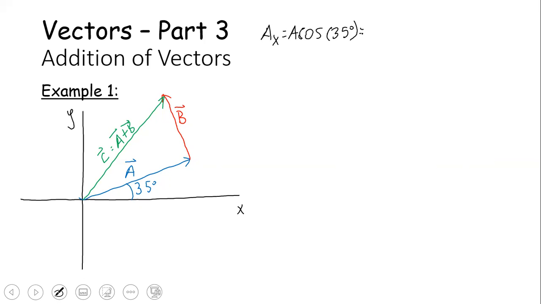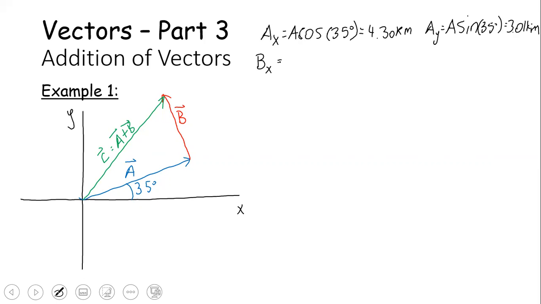I'm assuming that you're going to do that, so I'm just telling you the answer. The x component of A is going to be 4.3 kilometers. Likewise, the y component of A is given by A times the sine of 35, which is 3.01.